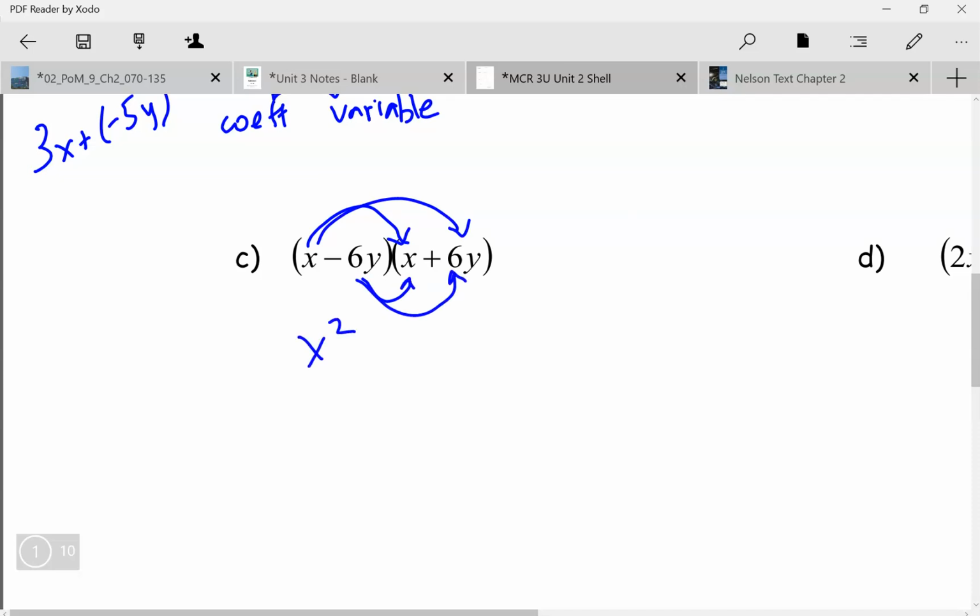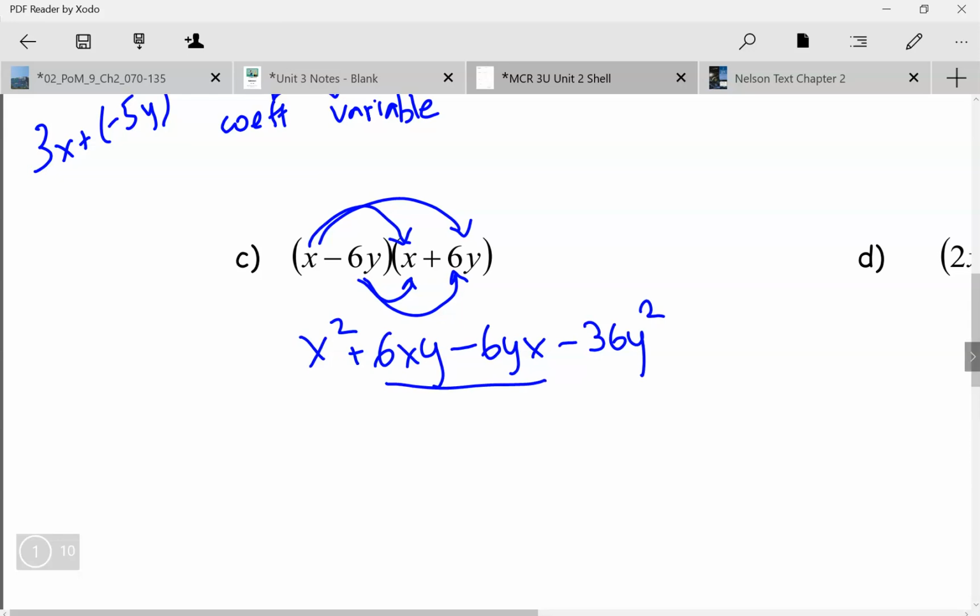You have an x squared, you have a plus 6xy, you have a minus 6yx, and then you have a minus 36y squared. And then here are like terms. Notice that the order in which I write variables doesn't matter, because we know that multiplication, like 2 times 3 is the same as 3 times 2.